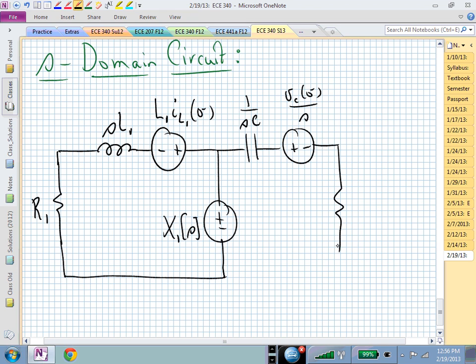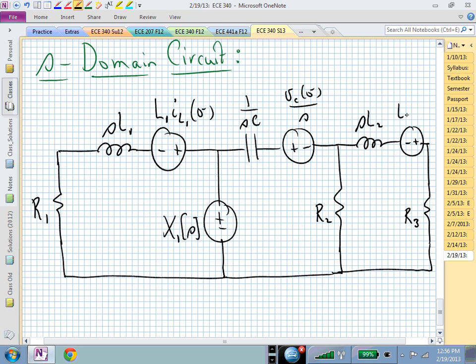Then we had another resistor. We had another inductor. And that's now what we have.